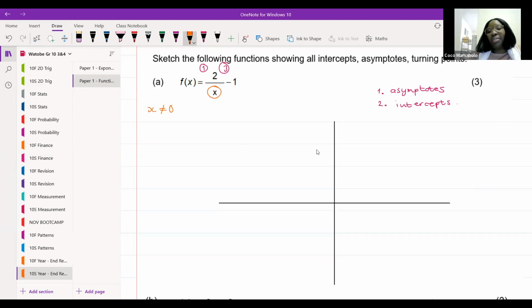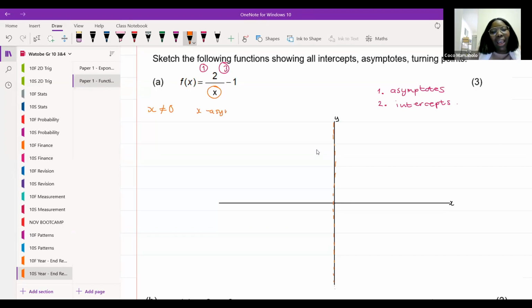My function becomes undefined. So I'm going to go to my graph, and where x is equal to 0, I'm going to draw a vertical asymptote. So I know that my two hyperbolas cannot cross the x equals 0 line. Now, there's another asymptote.